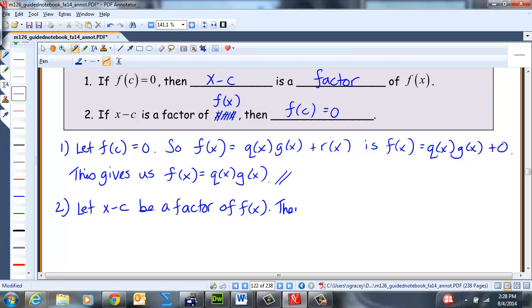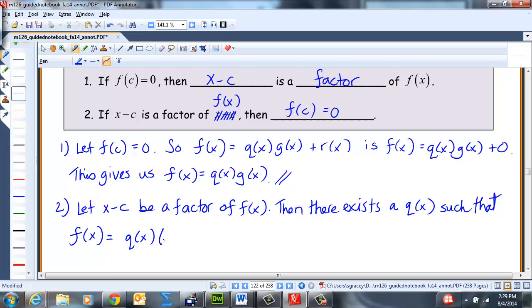Then there exists some quotient q of x such that f at x is equal to q at x times x minus c.